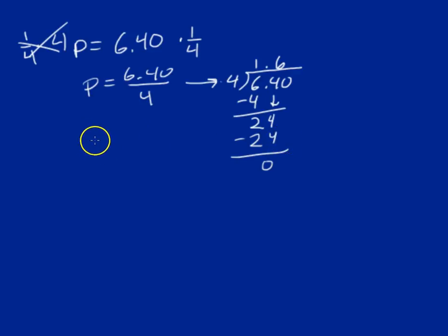The other way you would want to think about this question is if you aren't familiar or comfortable with the multiplicative inverse and getting rid of parts of equations, then just think of it this way. If 4 notebooks cost $6.40, then what I have is $6.40 per 4 notebooks, and don't be afraid to put a decimal on top of a fraction.